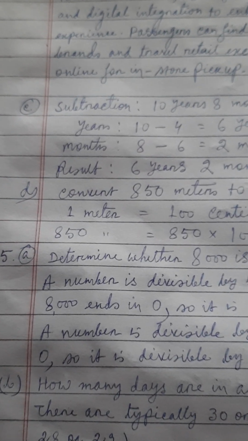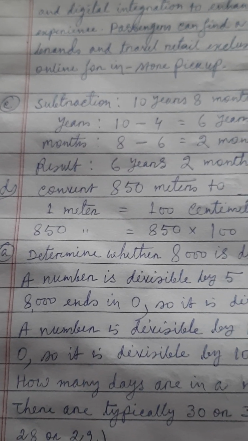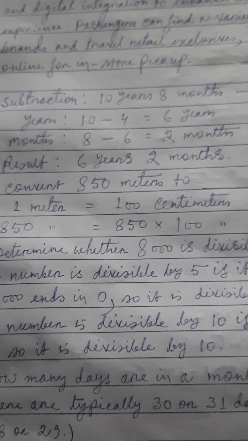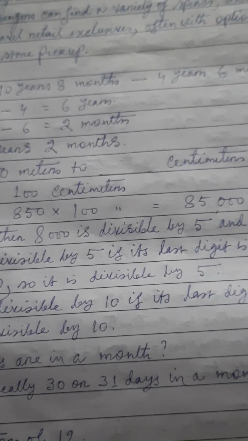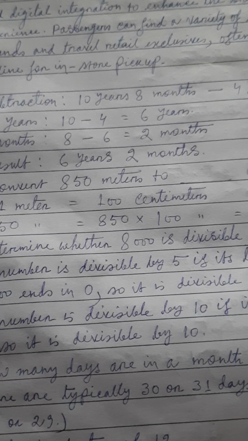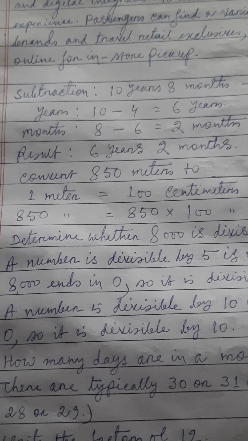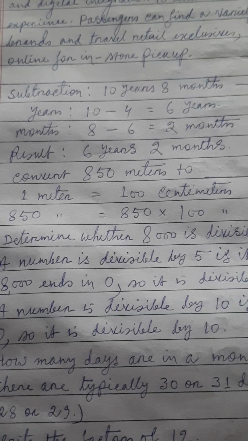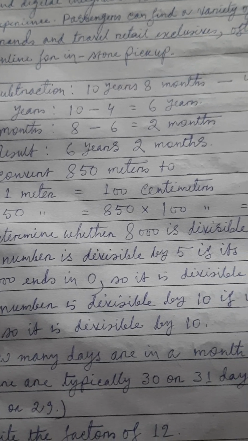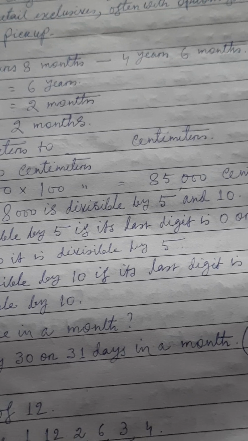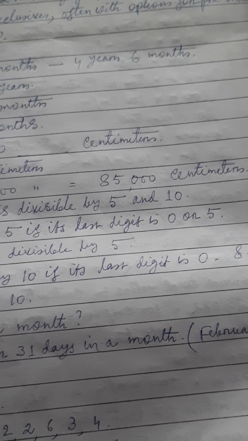Question number D. Convert 850 meters to centimeters. 1 meter is 100 centimeters. 850 meters is 850 into 100 centimeters is 85,000 centimeters.